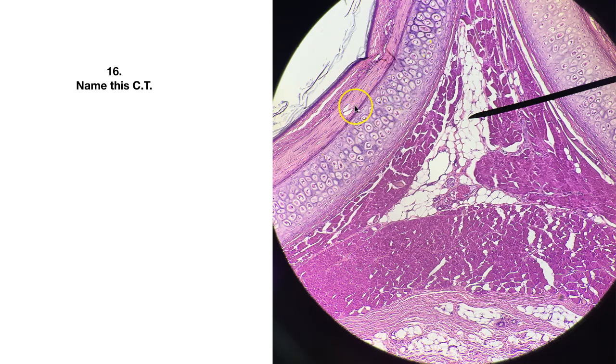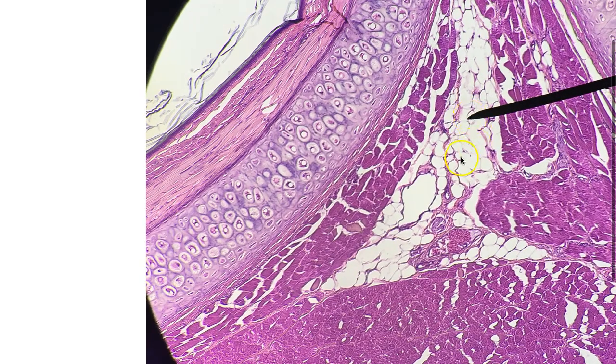So this is actually a slide from the epiglottis. So this is going to be superficial to deep. Here is the elastic cartilage surrounding that epiglottis, and here is a pocket of what? Adipose tissue. This is adipose tissue, and here's our elastic cartilage.